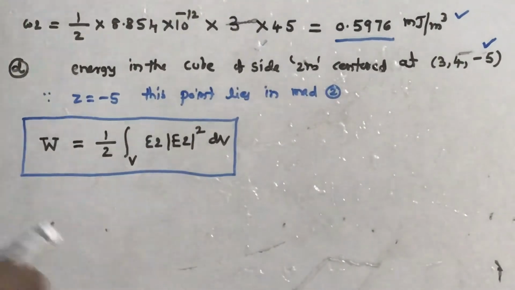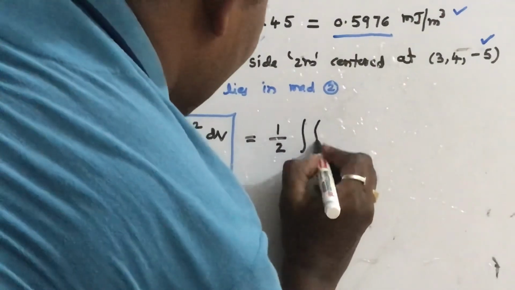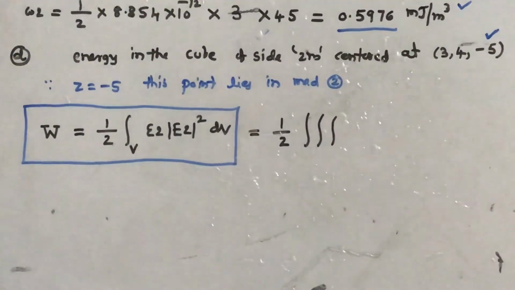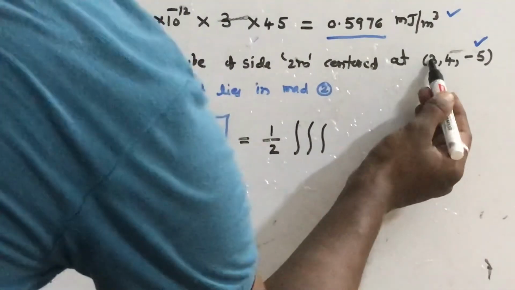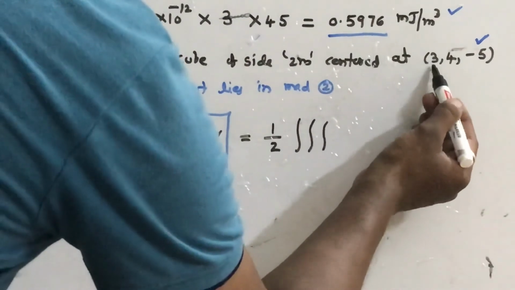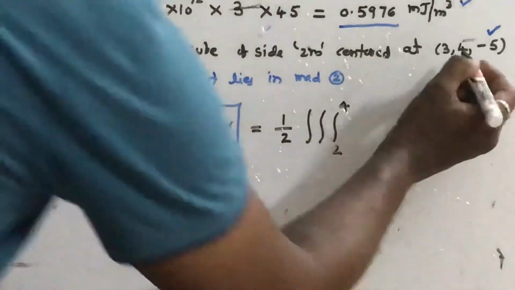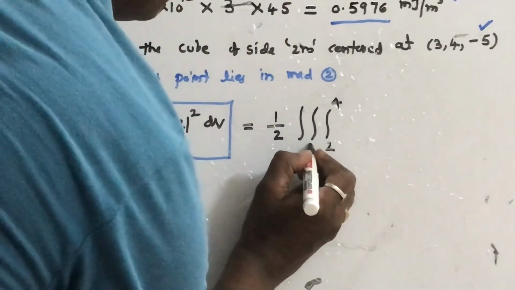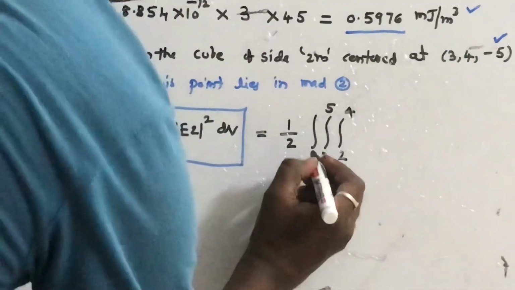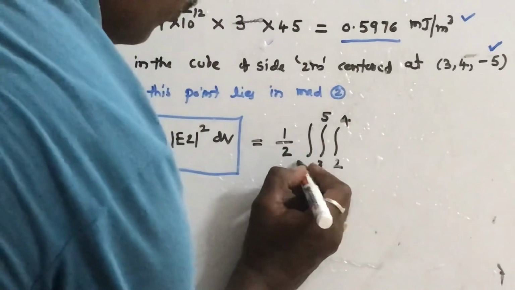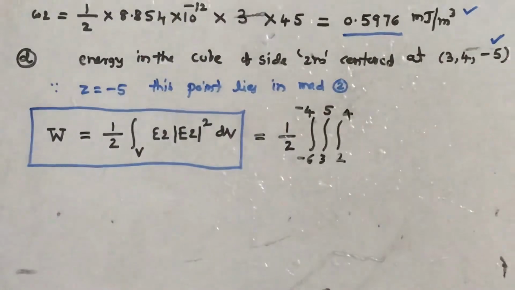Therefore, you can write half, volume integration means 3 integrations. Each side is 2, centered at the given point, so x is varying from 2 to 4, y is varying from 3 to 5, and z is varying from minus 6 to minus 4.